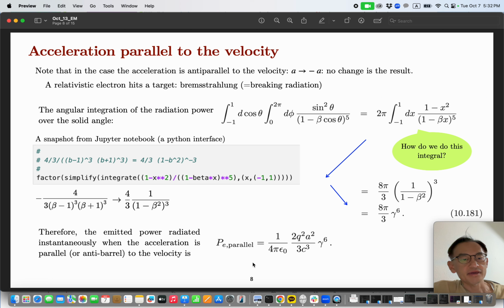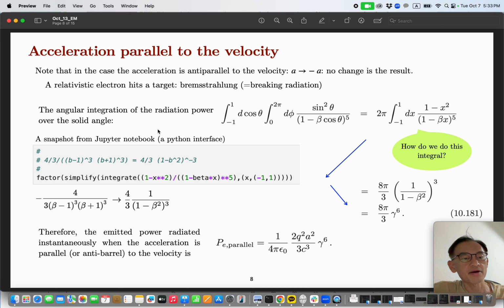So note that in the case of acceleration anti-parallel, what you have to do is replace a with minus a, but it's in a squared, so there's no change. Meaning when a particle is accelerated or, the same effect, decelerated, things are identical.